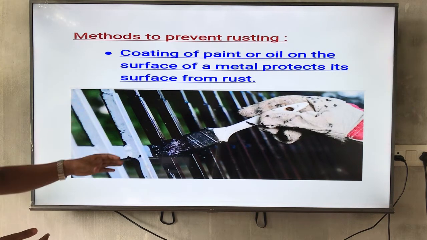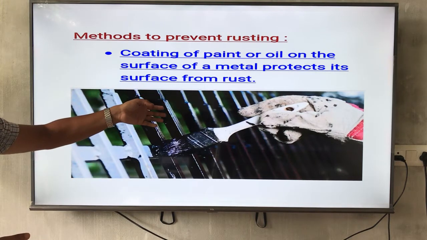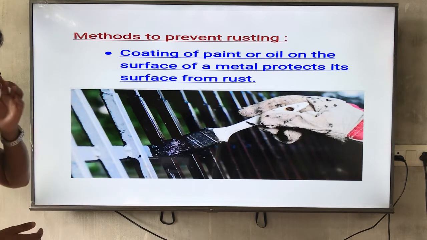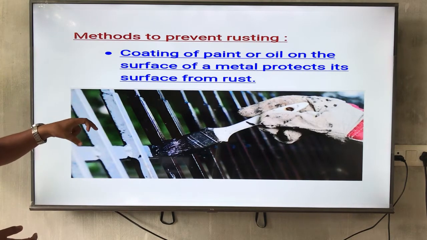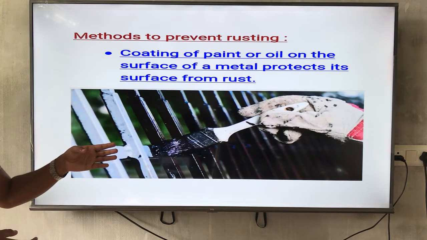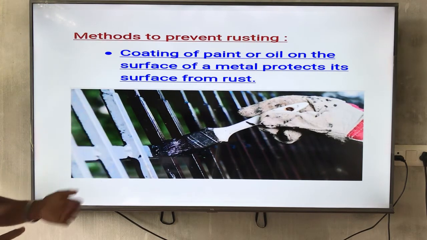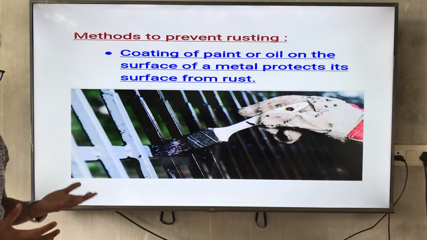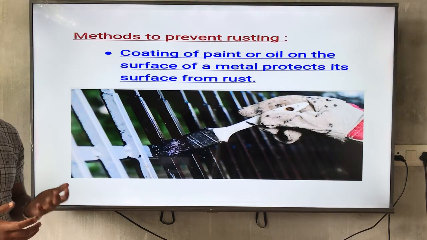Now you can see the figure. Here is one iron, and here is the paint. Now what will this coating of paint do? It will prevent this iron from rusting. So this is the first method to prevent iron or metal from rust.